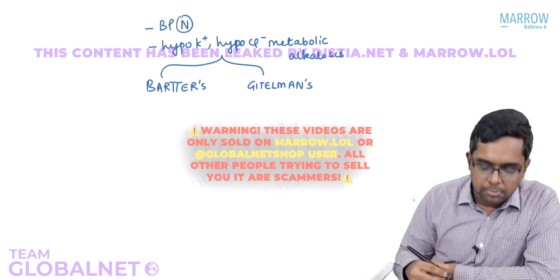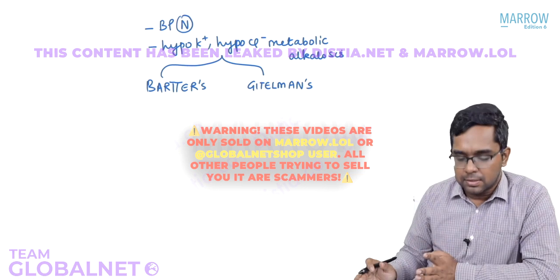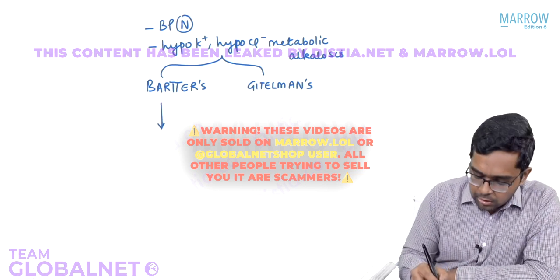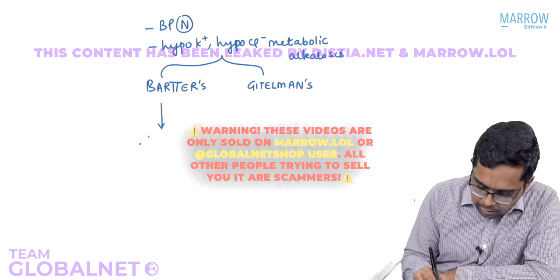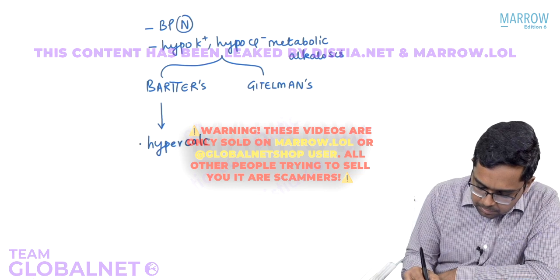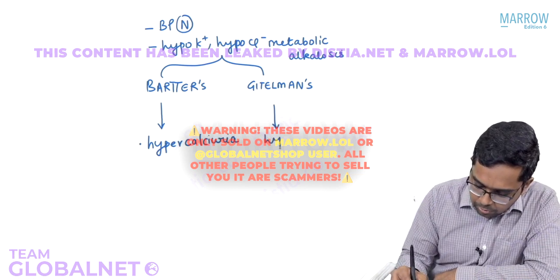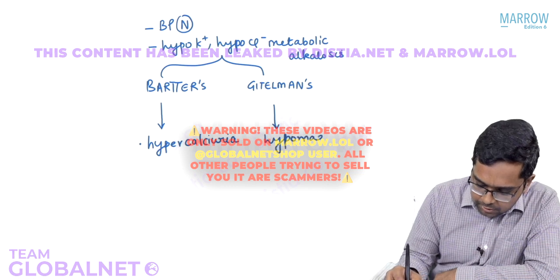Blood pressure is usually normal in both these scenarios. What is the differentiating feature is that in Bartter syndrome, you have hypercalciuria as a differentiating feature. In Gitelman syndrome, you have hypomagnesemia as a differentiating feature. Are you able to follow this?